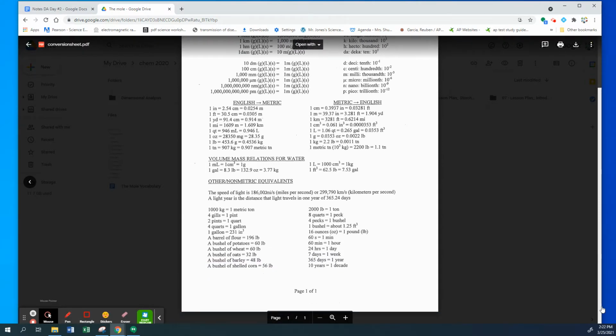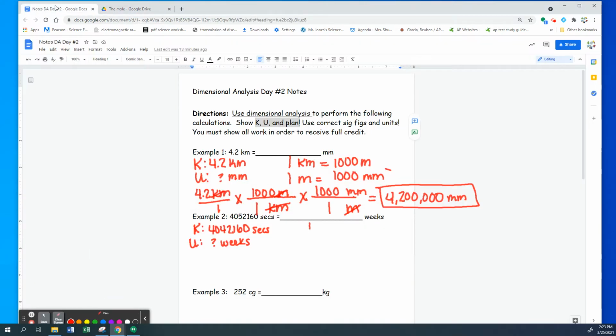So I have seconds to minutes. That's still not weeks. Then I'm going to use minutes to hours. Then I'm going to do hours to days and days to weeks. So that's a lot to write down. So we have 60 seconds equals 1 minute for our plan.